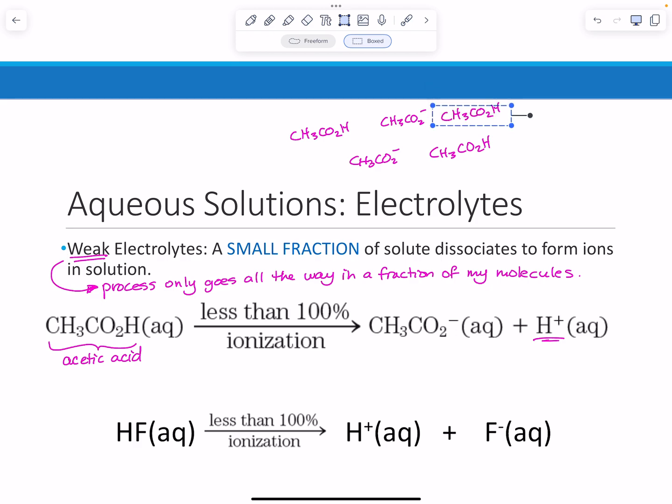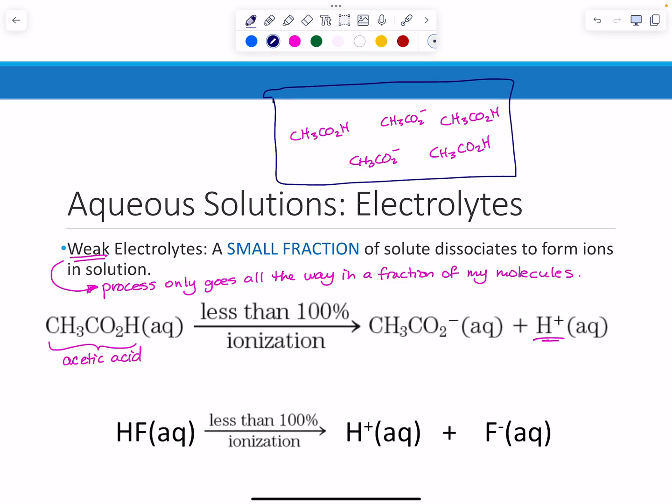Here we go. If I have these molecules in my very short, squat beaker here, what you'll see is that all of them are surrounded by water, so all of them are dissolved.